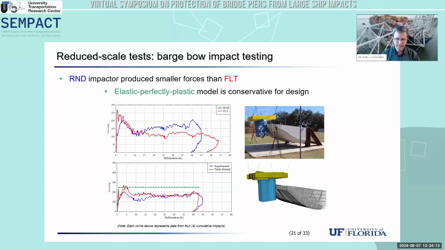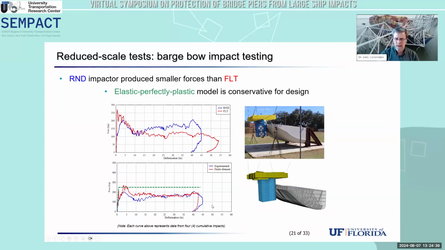So what you see here in the upper left plot are comparisons of the experimental data for flat-faced impactors versus rounded. And so the test data did confirm that flat-faced impactors generate, generally speaking, larger force levels than do rounded-faced impactors. And so again, that's information that's useful for design, at least for barge impacts, in terms of being able to reduce their design loads.